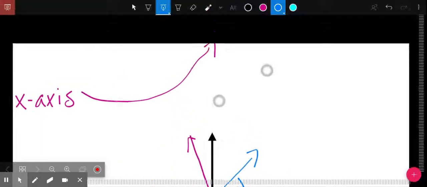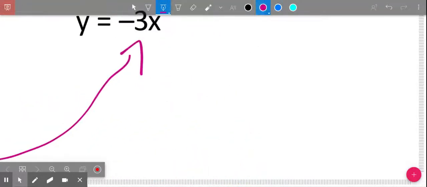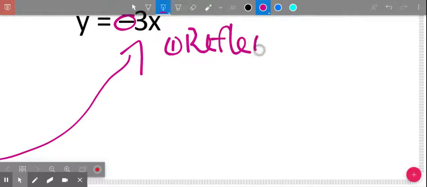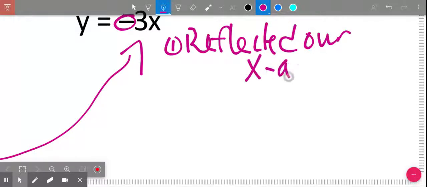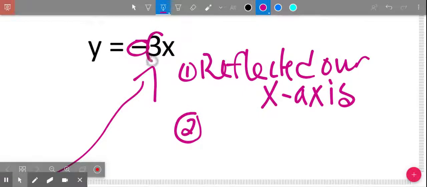Well, we already know the first thing that happened to the parent function. It was reflected over the x-axis because it's negative. Circle, there we go. The second thing we notice is it's not just an x anymore. Now it's got a negative 3 up front. So that 3 is going to be really important.